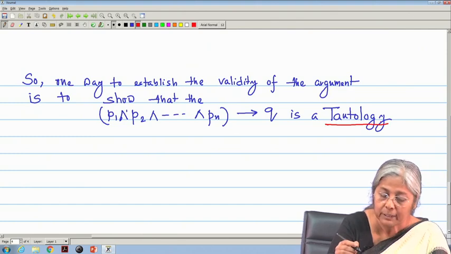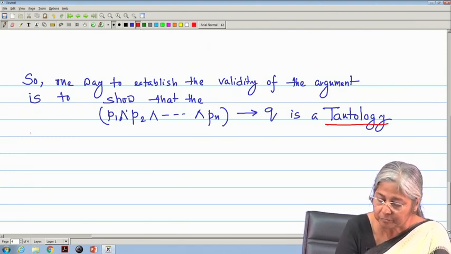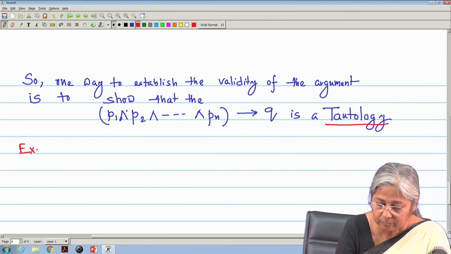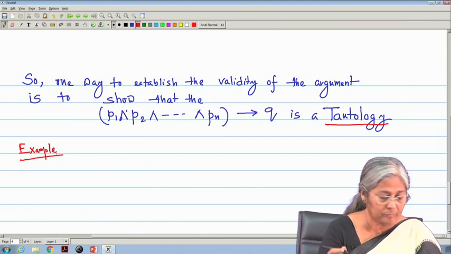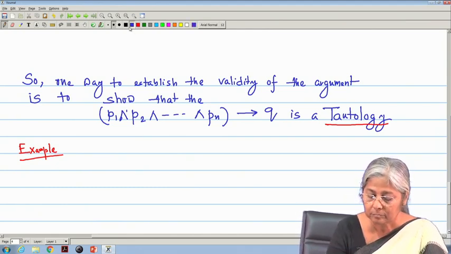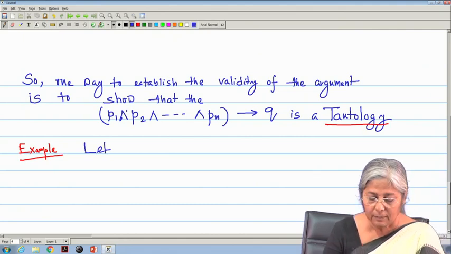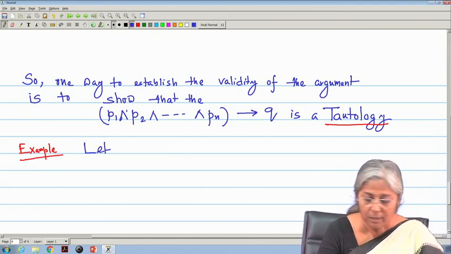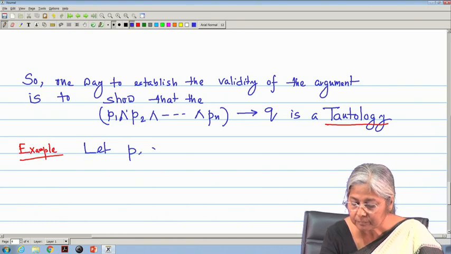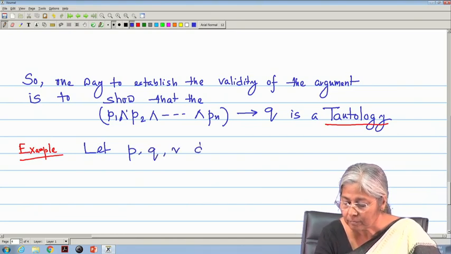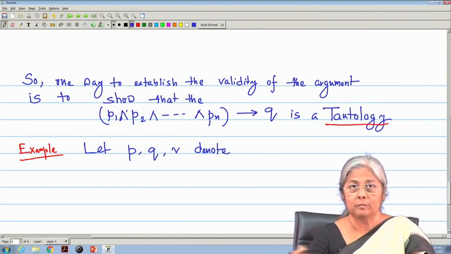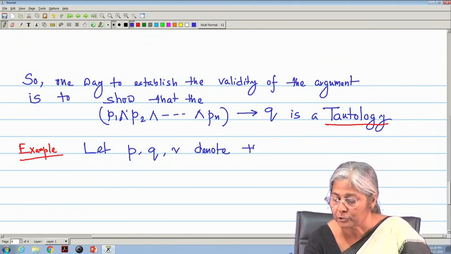Okay. So, we take one example. Let P, Q, and R denote the following propositions.